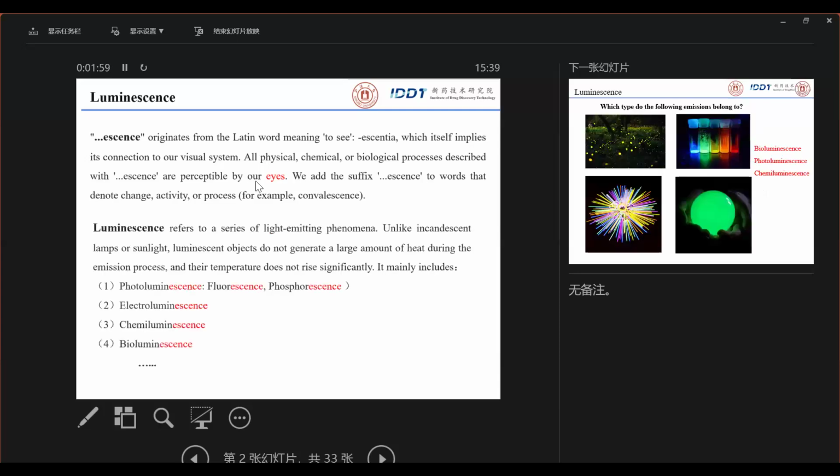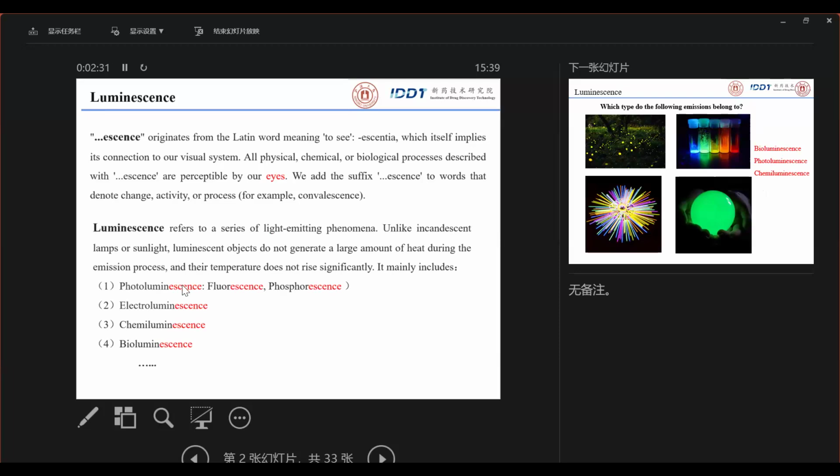And luminescence refers to a series of light-emitting phenomena, but it's different from lamps or the sun, because those produce a large amount of heat during the emission process. But luminescence, when we use this word, means it will not produce a lot of energy or heat during this process.